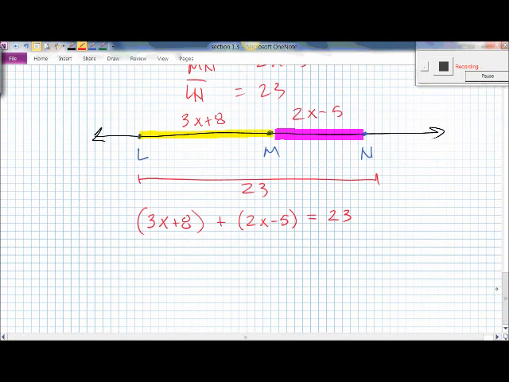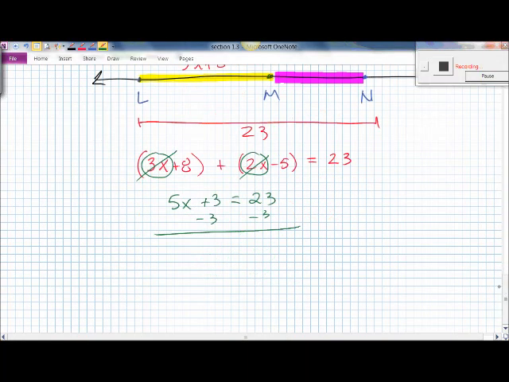Okay, now we need to add these like terms. So we're going to add 3x and 2x and get how much? Good, 5x. We're going to add 8, take away 5. How much is that? Plus 3 equals 23 on the other side. I'm going to subtract 3 from both sides. I'm going to get 5x is equal to 20.